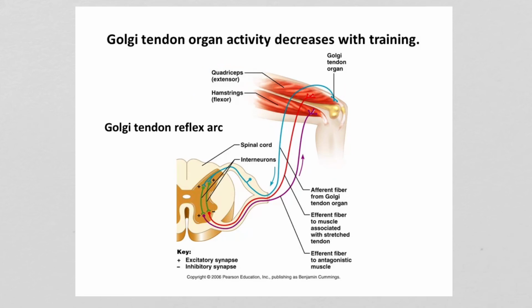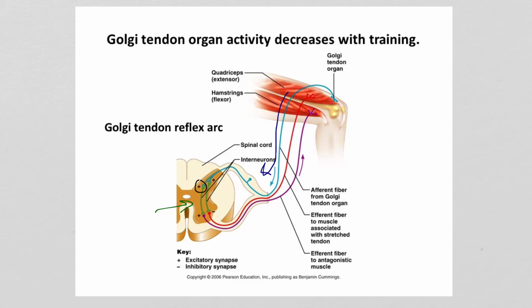In the normal activation of the Golgi tendon organ, it would send impulses through its afferent fiber, this blue neuron, back into the spinal cord, and then synapse again with the interneurons. Now we can look at what exactly happens within the spinal cord. First, look at the synapses between the Golgi tendon organ and the interneurons.